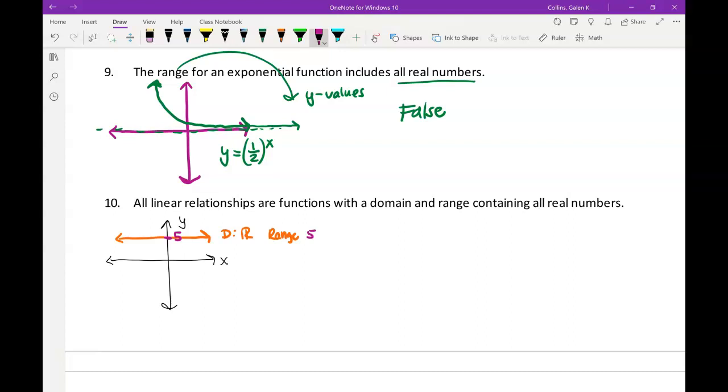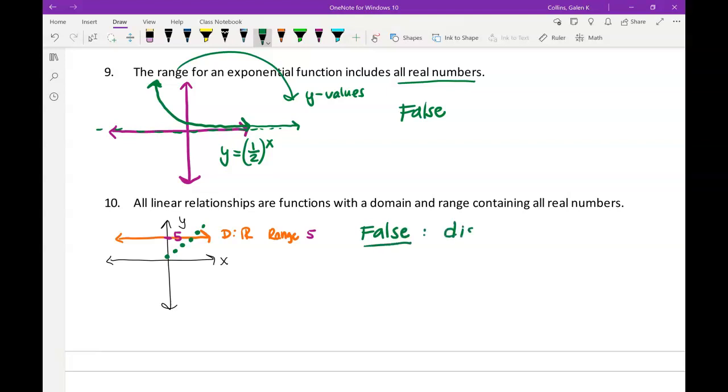Another way we could prove this statement is false is, let's imagine a discrete relationship. Maybe we have an arithmetic sequence. That's a type of linear relationship. Well, now my discrete function does not have a domain of all real numbers, nor does it have a range of all real numbers. So we're going to say this statement is false.